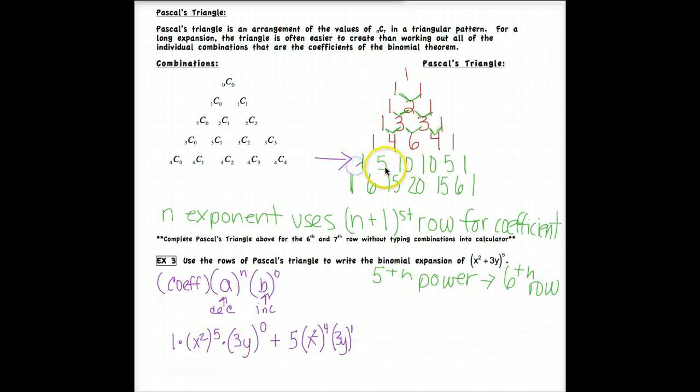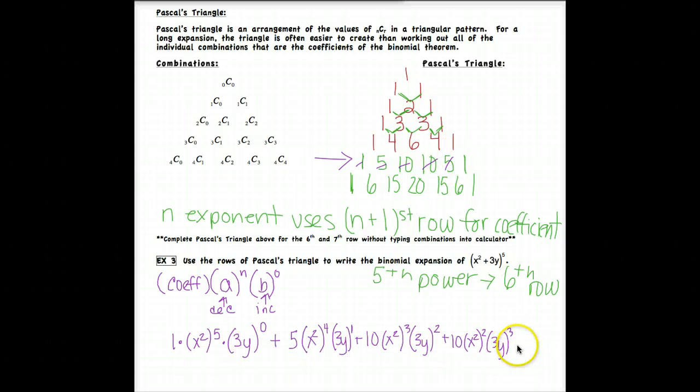So I used the 1, I used the 5, now I'm going to use the 10. So plus 10, and then x squared, I'm decreasing by 1, so this goes to 3. This increases by 1, it goes to 2. Now use the next 10, so plus 10, x squared, we're decreasing still, down 1 more to 2. This one's increasing to 3.